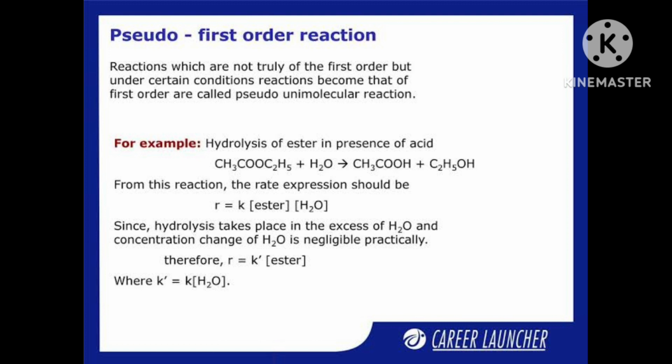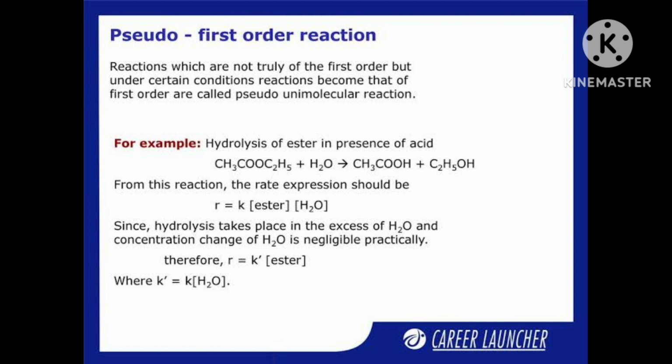But at different times, the concentration will be different. Suppose at time 0, in the beginning, the concentration was 0.01 mole, and at the end when the reaction is completed, it became 0.